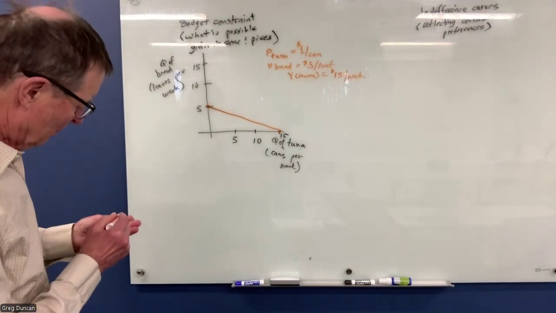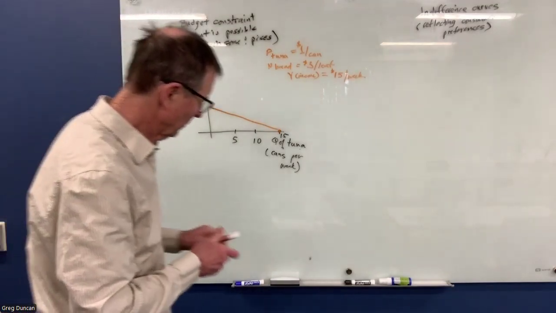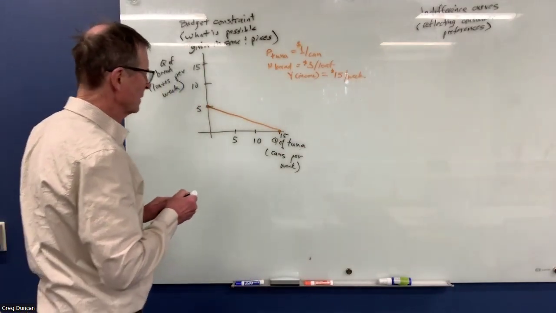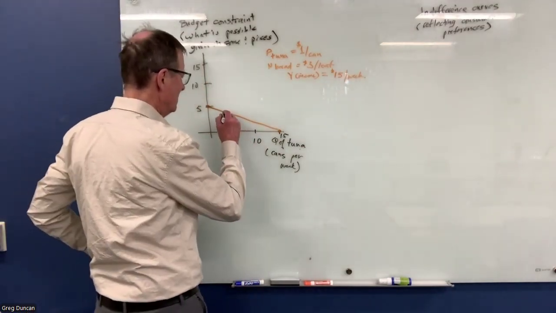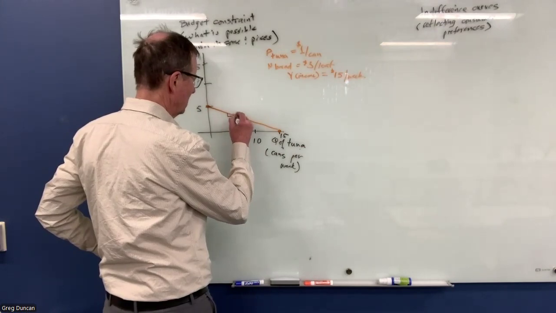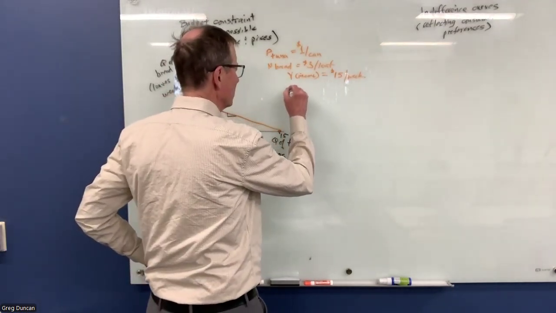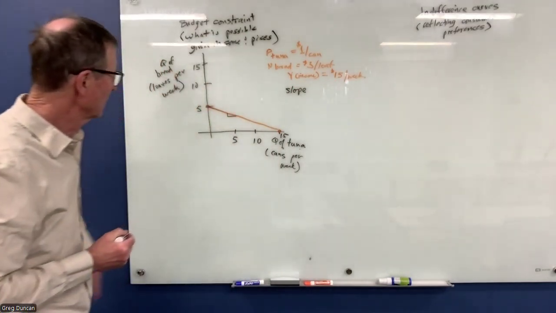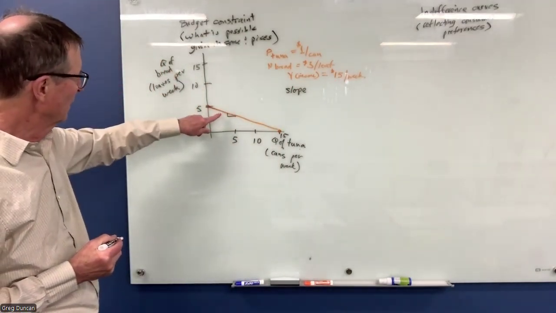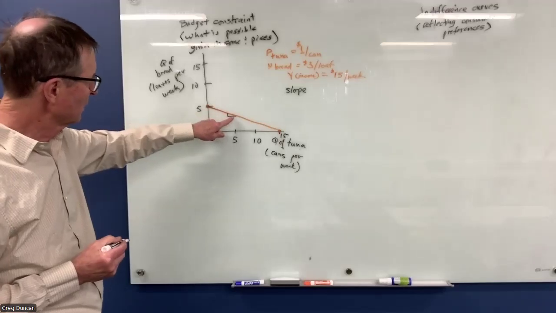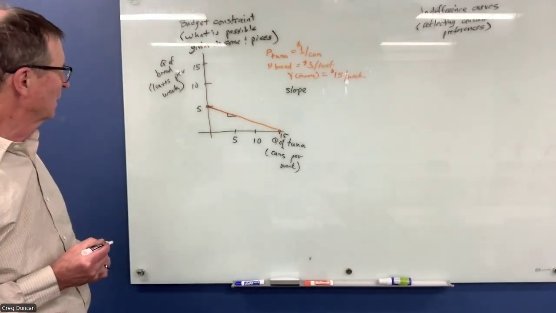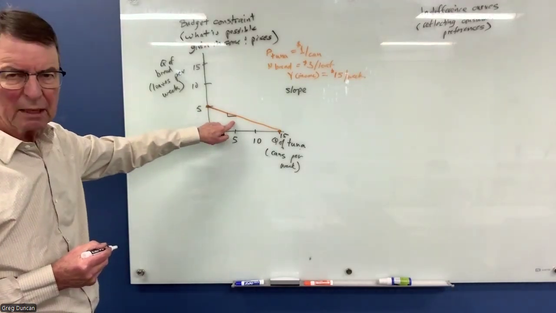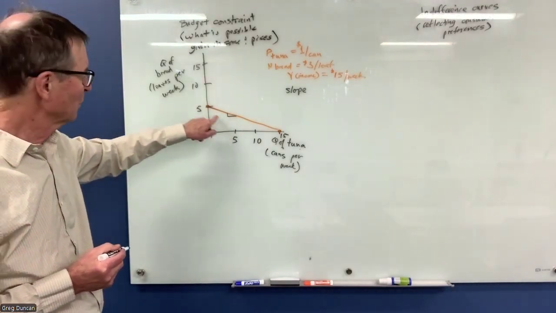So there are properties of this budget constraint that we're interested in. One is the slope, right? Change in bread relative to cans of tuna. If we give up 1 loaf of bread, we can get 3 cans of tuna, right? 1 loaf of bread is $3.